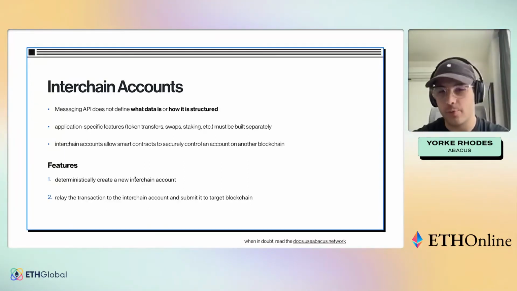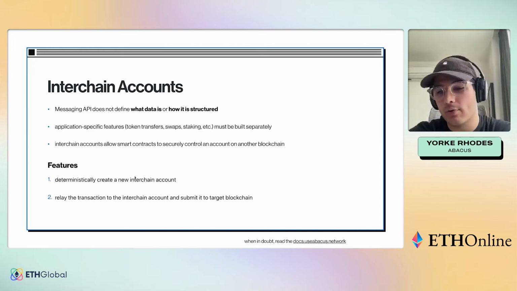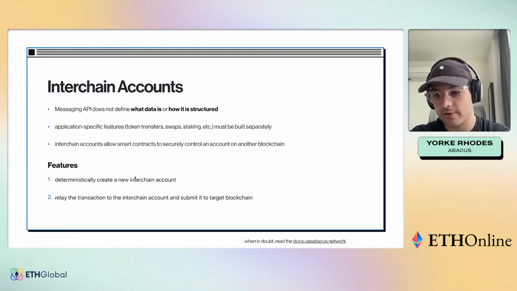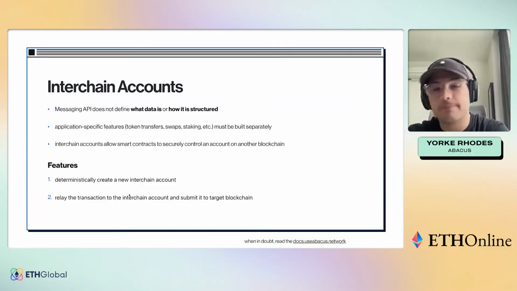So if you want logic which says, I want to allow this remote contract to have this permission, whether it's an owner or a minter or some concept like that, you need to know where that interchain account will exist.